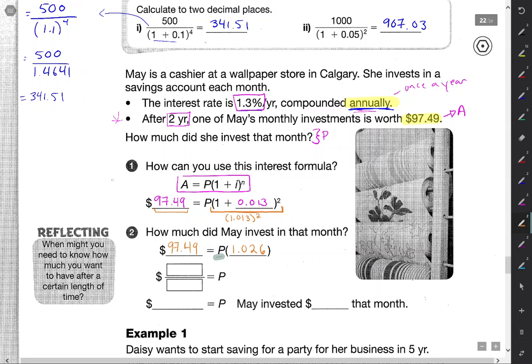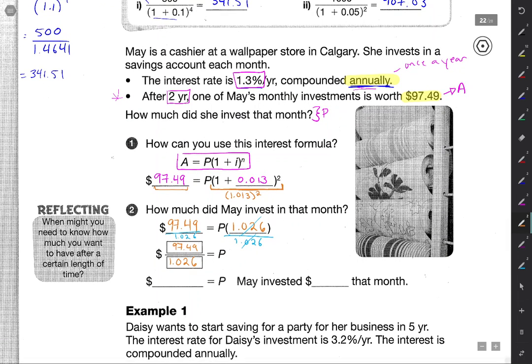So now it's really easy for us to isolate P and get it by itself. All we need to do is divide both sides of the equal sign by 1.026 to cancel it out. So we're going to do that on both sides of the equal sign. That's what they're showing us here in this next step. We're going to have $97.49 divided by 1.026.